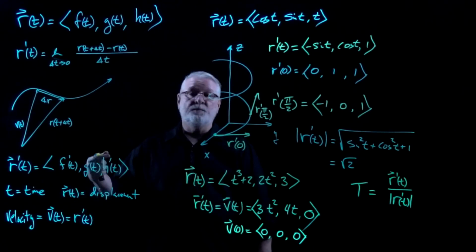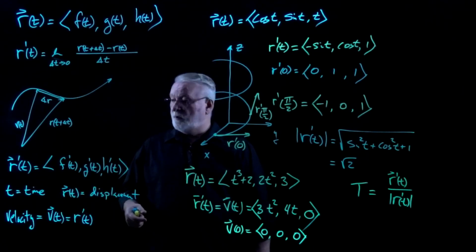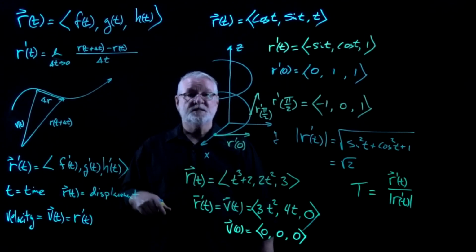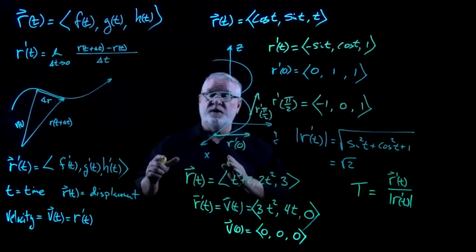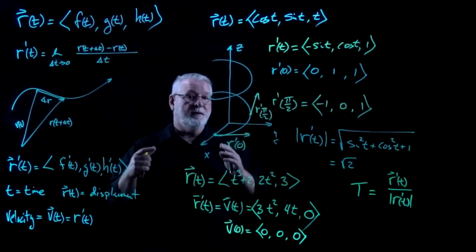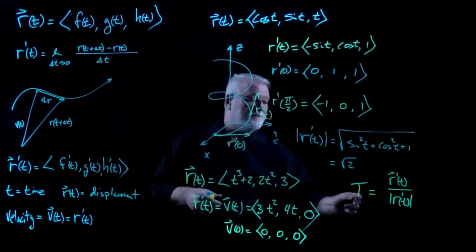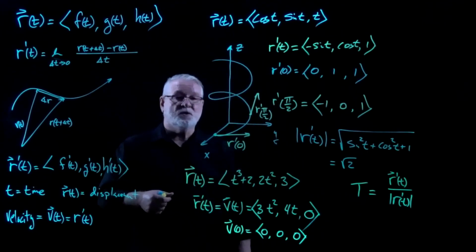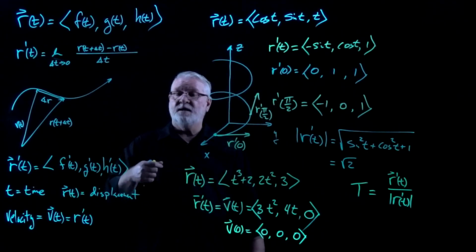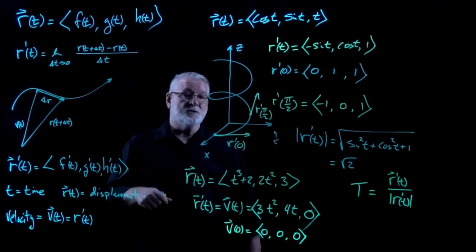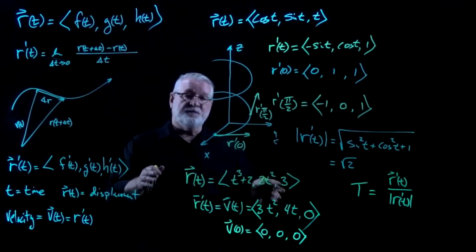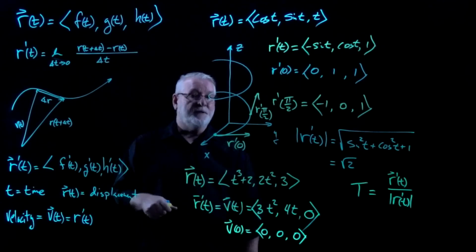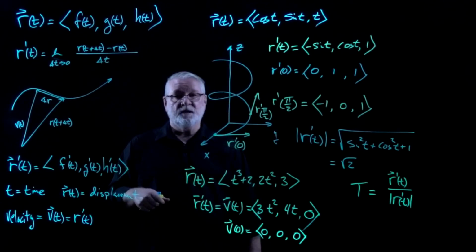Its direction will be tangential to the curve at every point, and its magnitude will tell you the speed. If in fact you want that direction and you're not really very concerned with what the magnitude is, you can always find the unit tangential vector, which would be to take the velocity vector and divide it by its own magnitude. Well, we will see going forward that we'll get lots more applications of the derivative of vector functions.